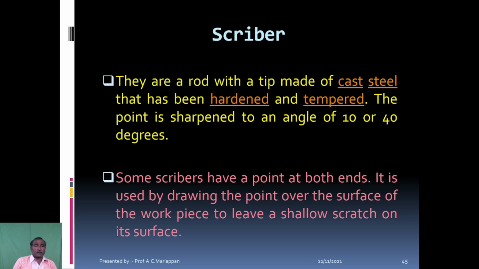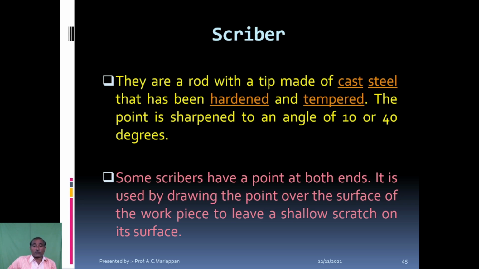And a scriber may be made of steel, hardened and tempered at the tip, because wear out must be minimized. The tip is sharp, and if you are using it metal to metal, the tip may wear, so it can be avoided by means of the hardening process.